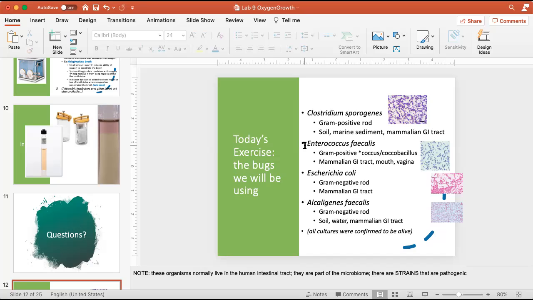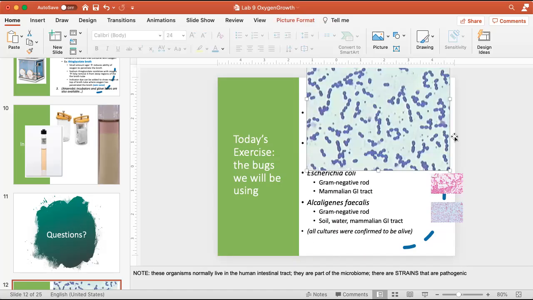Now, here's our second one, Enterococcus faecalis. We've seen this one before. A gram-positive coccus. This one you could almost call a coccobacillus. I don't know if you remember this term, but I told you this is not a very common shape. But there are some bacteria that really aren't true cocci. They're more oval than they are round.